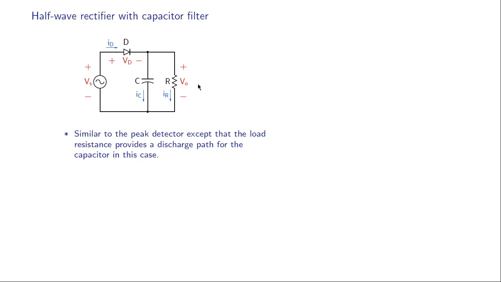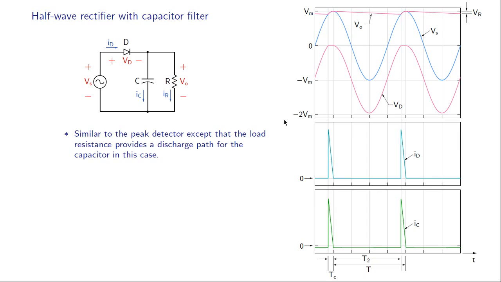And now let us look at what happens in the presence of a finite load resistor, that is when the load resistor starts drawing a current. These are the waveforms. This is the input voltage Vs, that is the output voltage Vo, that is the voltage across the diode, that is the diode current, and that is the capacitor current.